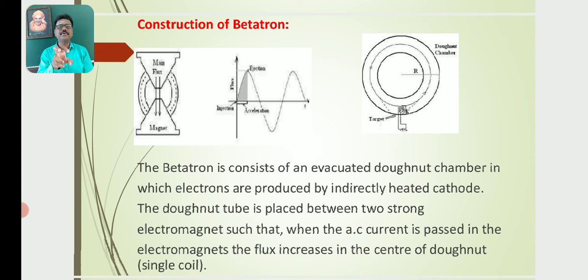The doughnut tube is placed between two strong electromagnets, such that when AC current is passed in the electromagnets, the flux increases in the center of the doughnut, say, a single coil.